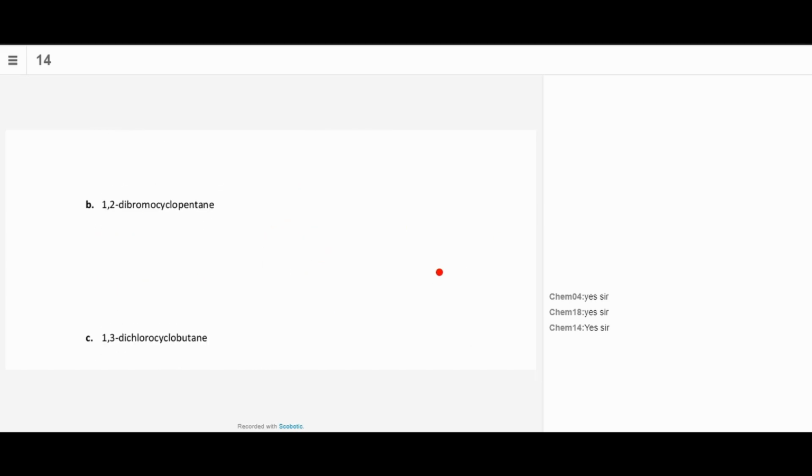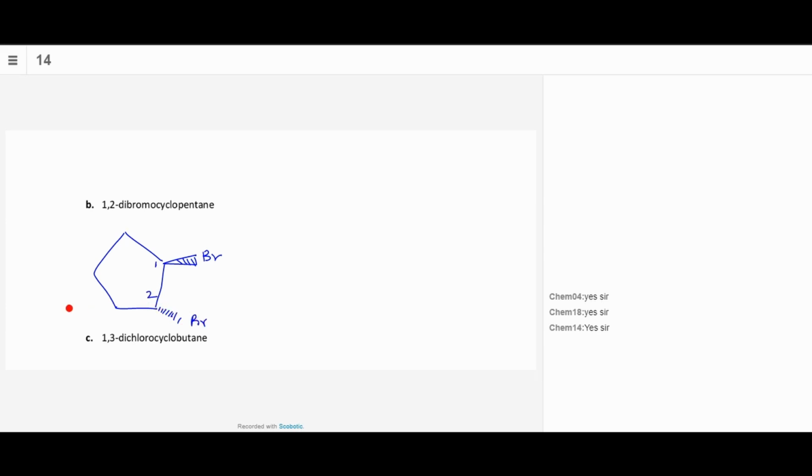Next one, 1,2-dibromocyclopentane. So cyclopentane, 1 and 2-dibromo. So you can put both the bromines on 1 and 2. Any carbon can be named as the first carbon. The other one is going in.